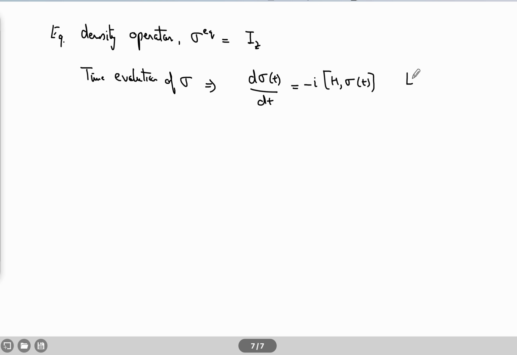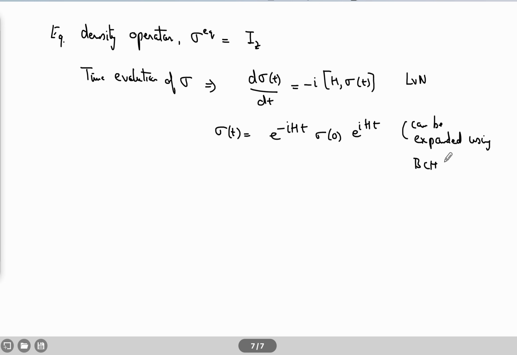This is the Liouville-von Neumann equation, and the solution to this equation, provided the Hamiltonian is time independent, is given by e to the power minus i H t sigma 0 e to the power plus i H t, and this can also be expanded using the BCH formula, right? So that is easy to see.